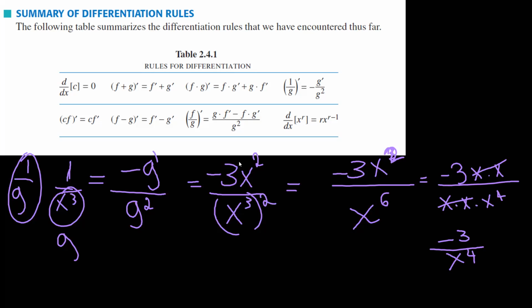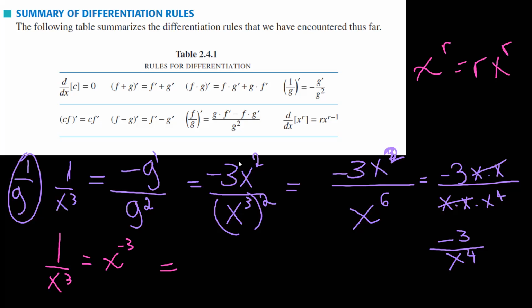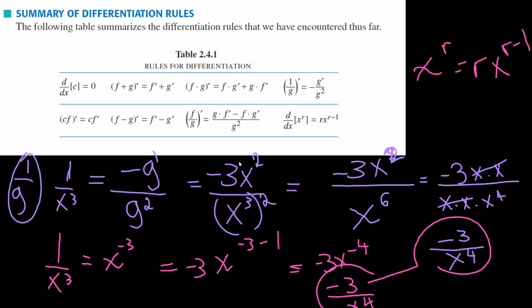This is one way. Another way is to say 1 over x cubed is x raised to the power negative 3. For x raised to the power r, the derivative is r x to the power r minus 1. So negative 3x to the power negative 4, which is negative 3 over x raised to the power 4, the same result.